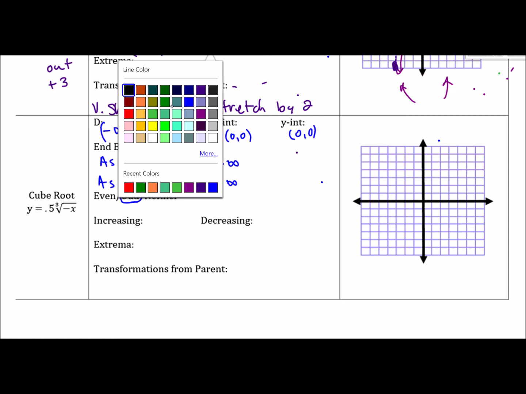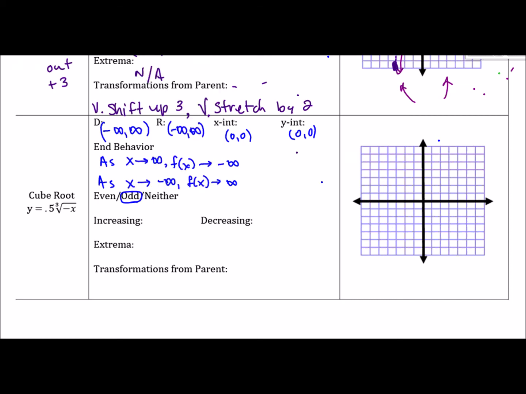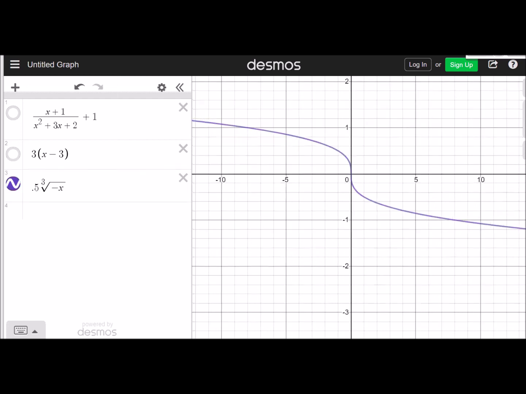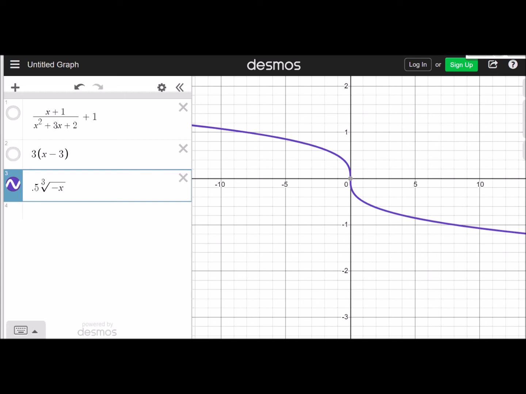All right, should have changed color a while ago. Let's talk increasing and decreasing. So we look at our graph, and we're going to start over here, right? And we're going to say, choo-choo. Here's my choo-choo. He's riding this way. Is he going uphill or downhill? Looks like my numbers are getting smaller and smaller and smaller. Now, do they ever stop and go up again?